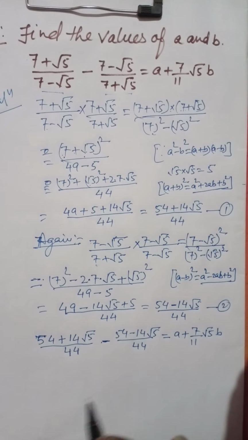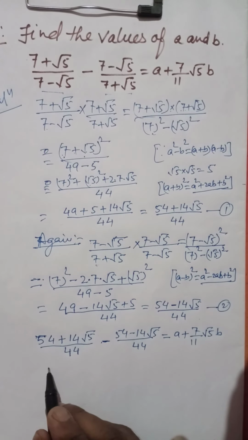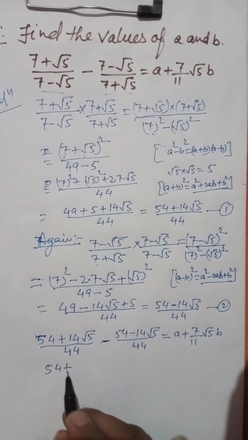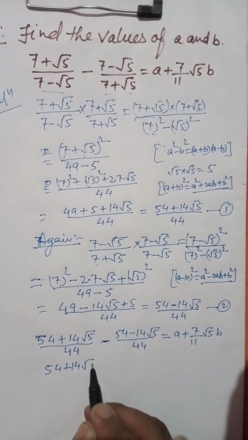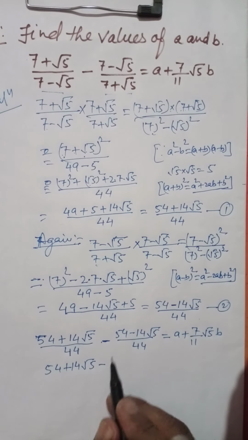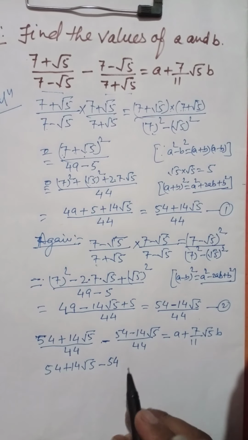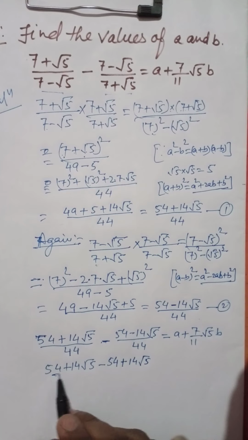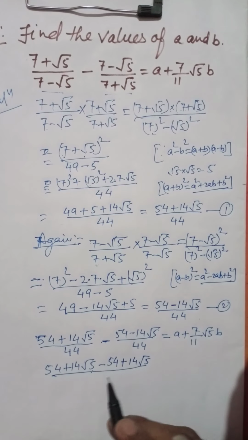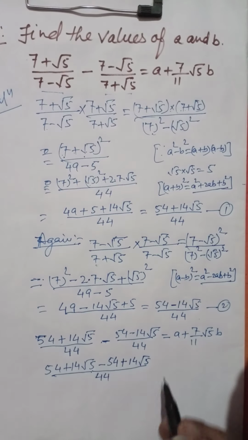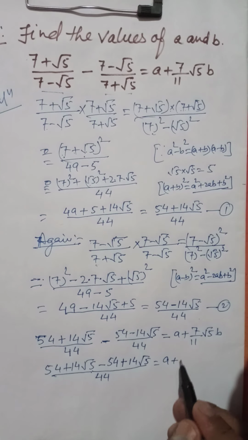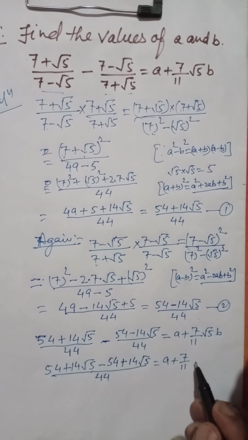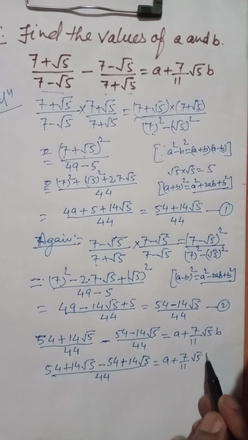Now taking the LCM, we will get 54 plus 14 root 5 minus 54, and minus times minus becomes plus, that is 14 root 5, upon 44, equals a plus 7 upon 11 root 5 b.